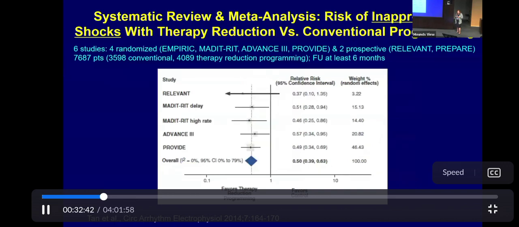And then there are always these meta-analyses, and we see there's like a zillion meta-analyses for everything now, but this is just looking at a meta-analysis. Again, you can see inappropriate shocks overall are reduced, and in most of the studies there was a reduction overall.